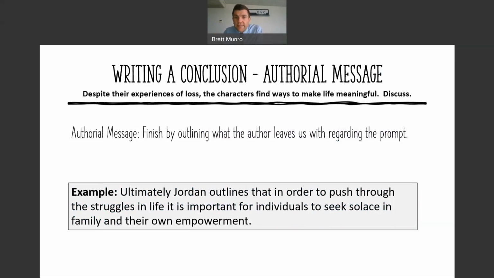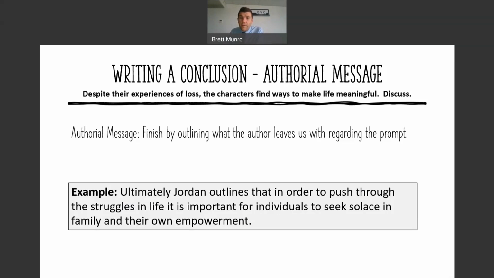Ultimately, Jordan outlines that in order to push through the struggles in life, it is important for individuals to seek solace in family and their own empowerment. Again, this is not a repeat of the contention. It's essentially just a brief overview, maybe philosophically, about what Jordan or the author is attempting to convey through this prompt. And that's why we use the word ultimately, because this is ultimately what Jordan is trying to leave us with.